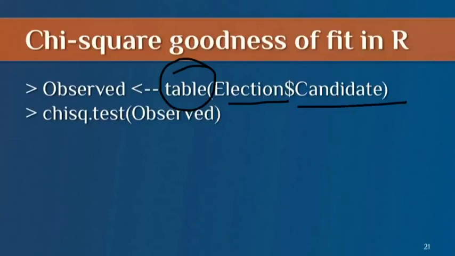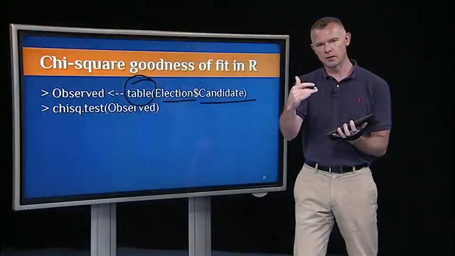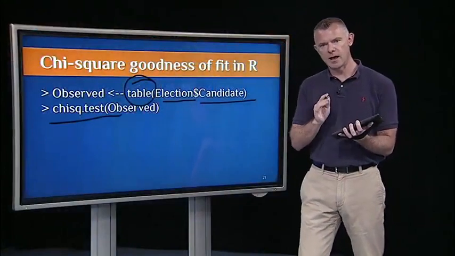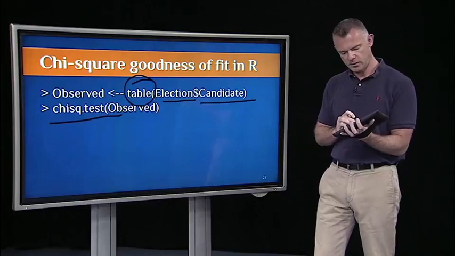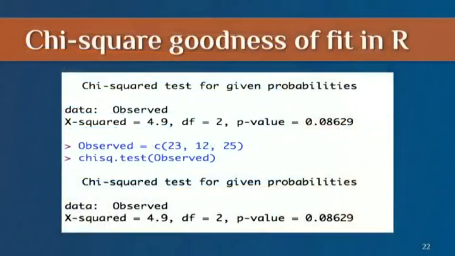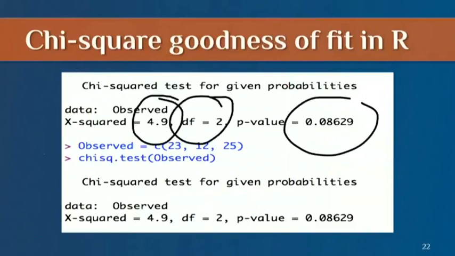So if I put those into a table and call those my observed, and then run the function chisq.test on observed, then I would get the following output. And this matches exactly what we got for our calculations. The chi-square is 4.9, degrees of freedom is 2, and the p-value is 0.086, rounded up to 0.09, which is what I got in my hand calculations.